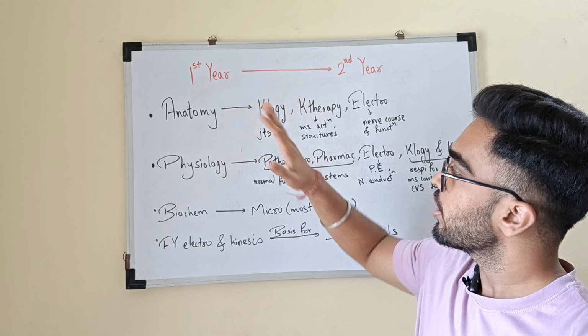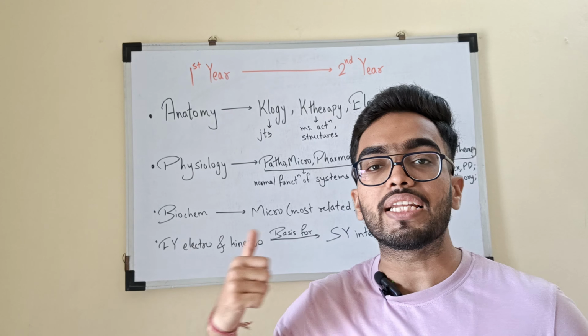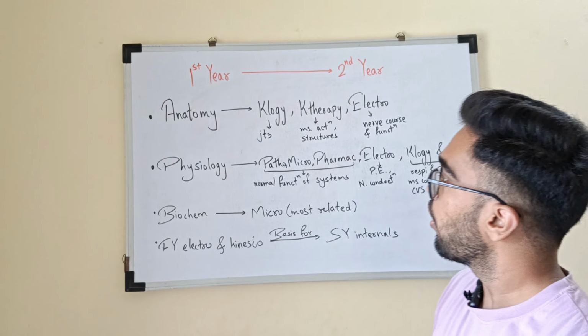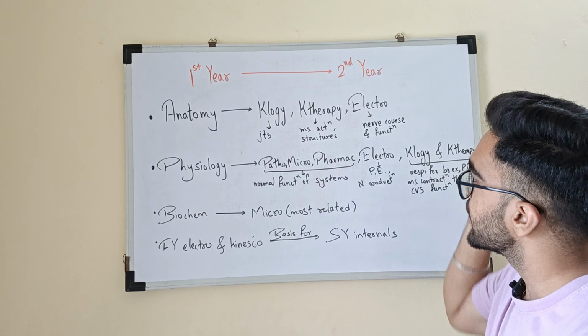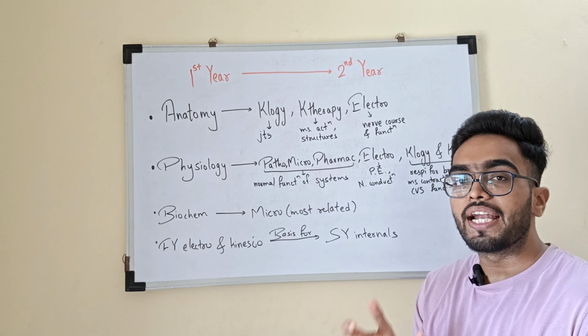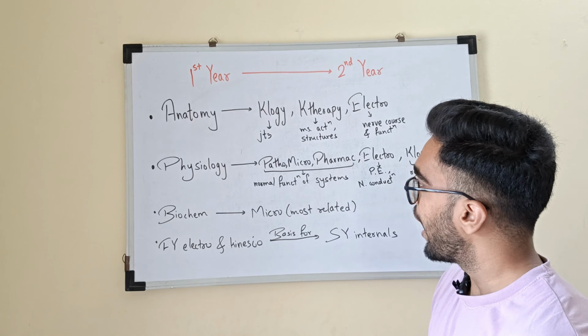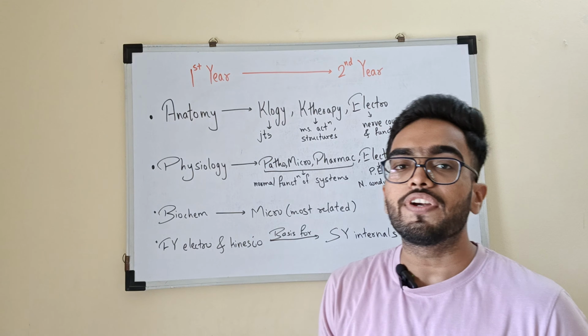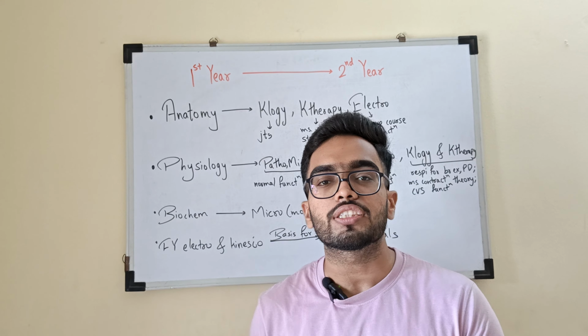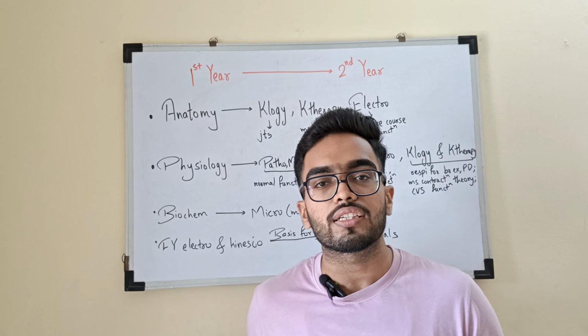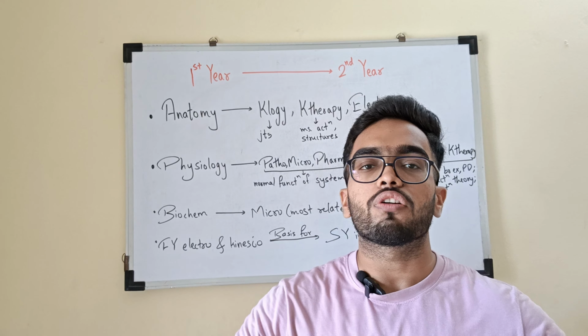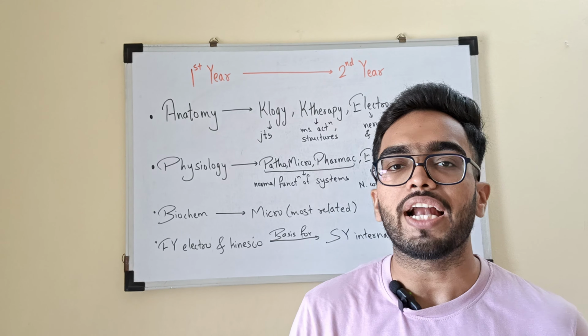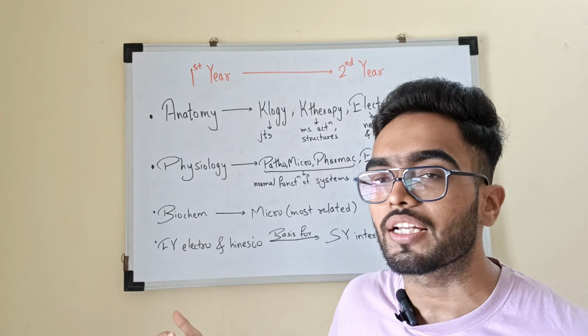Okay, so coming on to anatomy. Why was anatomy necessary in your first year? Because for kinesiology, kinesiotherapy and electrotherapy, it gives the basis. In kinesiology, we talk about all the joint functions, the osteokinematics and the arthrokinematics. To ease learning of that, we require the knowledge of anatomy.